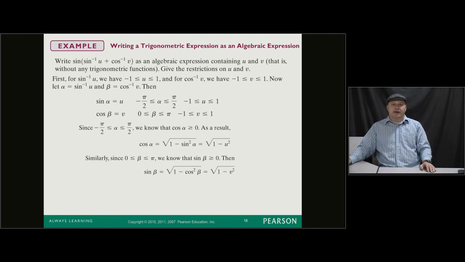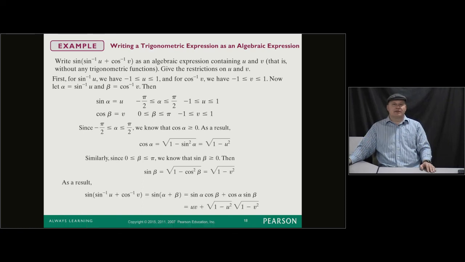Similarly, sine of beta is the square root of 1 minus the cosine squared of beta, which equals the square root of 1 minus v squared. So you've just found cosine of alpha and sine of beta, and you already know the sine of alpha and the cosine of beta.